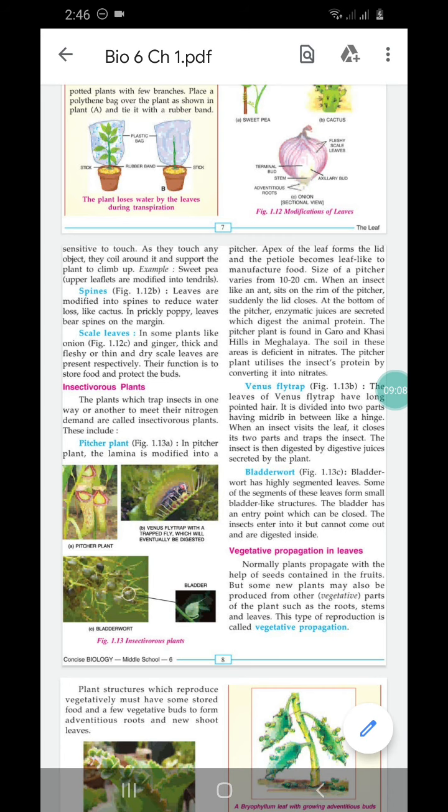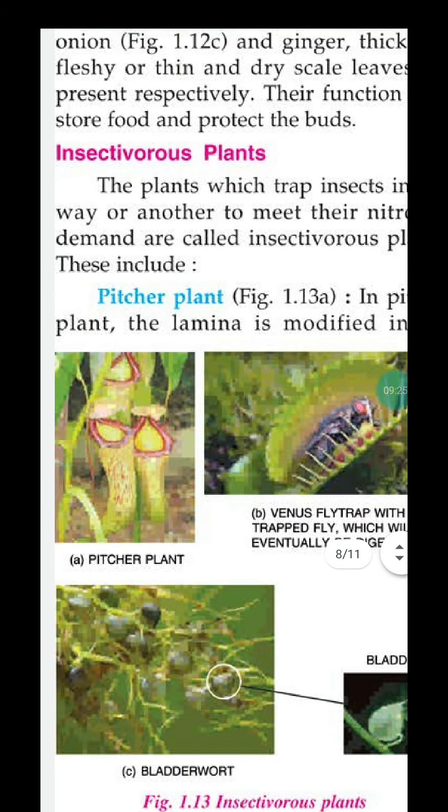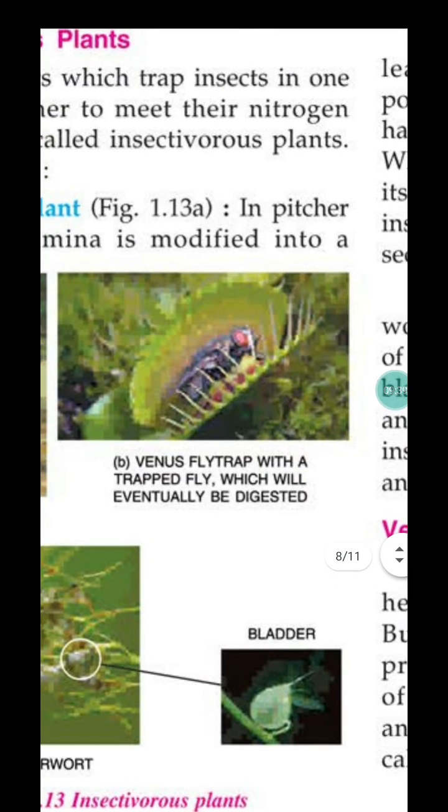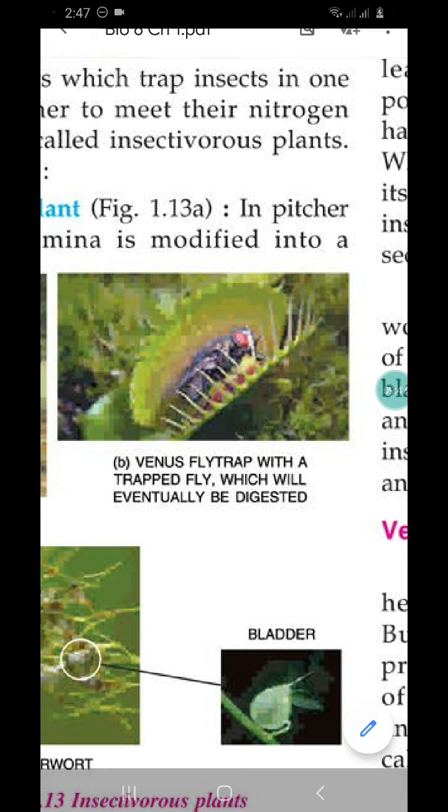So we have few examples of these insectivorous plants. They are pitcher plant, Venus flytrap and bladderwort. Pitcher means pot. So here the leaf itself develops into a pouch-like structure in which they can trap an insect easily. If you find the picture of Venus flytrap, these leaves have the ability to open and close. Have you ever seen touch-me-not plants?